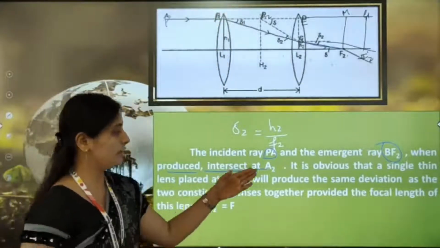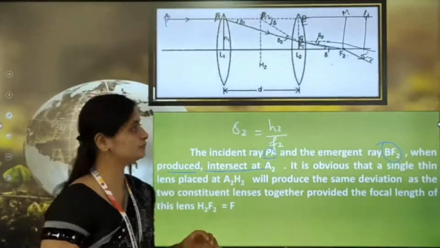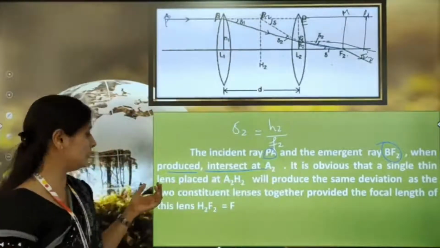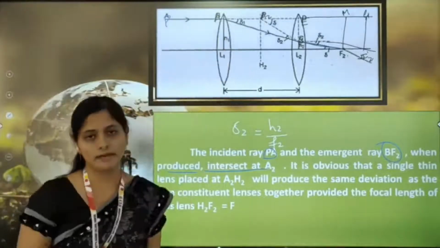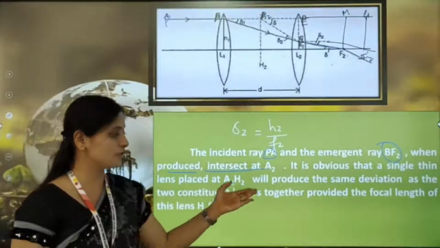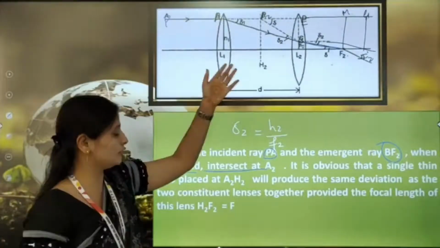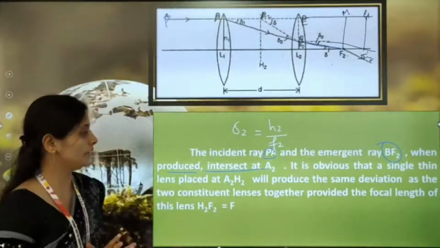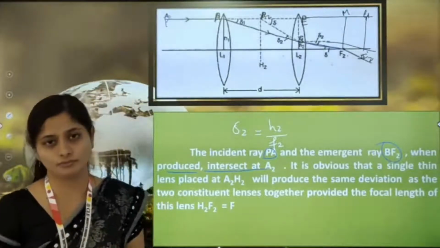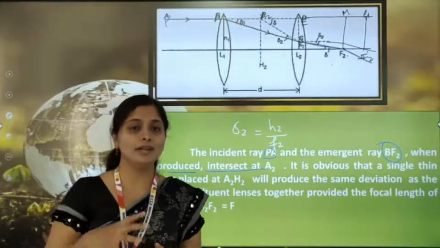Next, see here. It is obvious that a single thin lens placed at A2H2 will produce the same deviation as the two constituent lenses together, provided the focal length of this lens, H2F2, equals F. Suppose we have the incident ray PA and the emergent ray BF2, intersecting at the point A2.